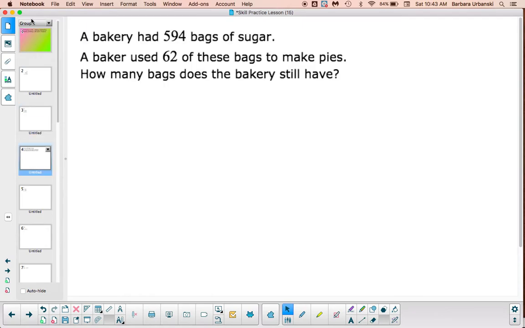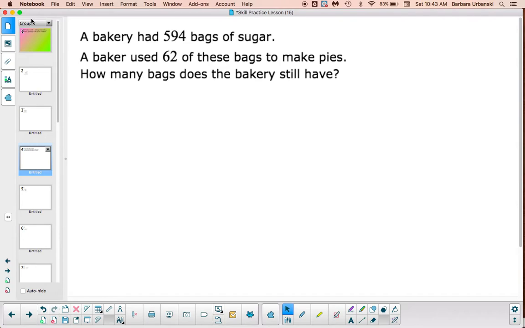The next one has a bakery that had 594 bags of sugar. A baker used 62 of these bags to make pies. How many bags does the bakery still have? Well, here you're going to have to decide what operation you need to use. So think about it.